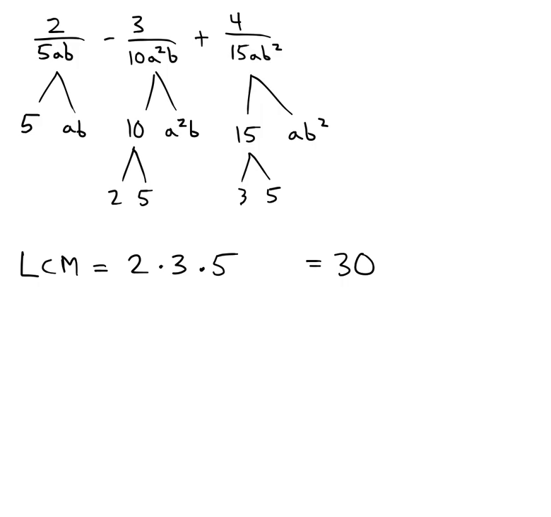Now we just have to focus on the variables. So for the variables, you look at which tree has the most A's and which tree has the most B's, and you keep however many repetitions you have in a single tree.